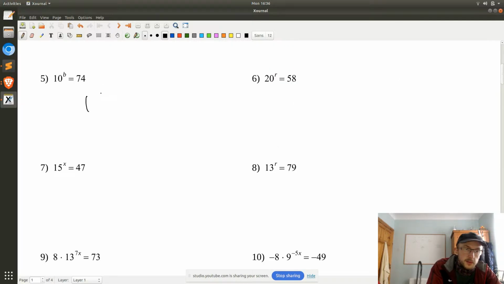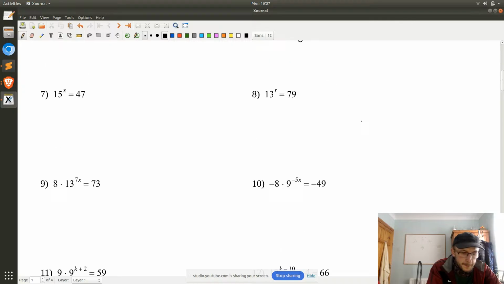Oh, that's just common logarithm. 1.8692. Log base 20, 58, .3554.